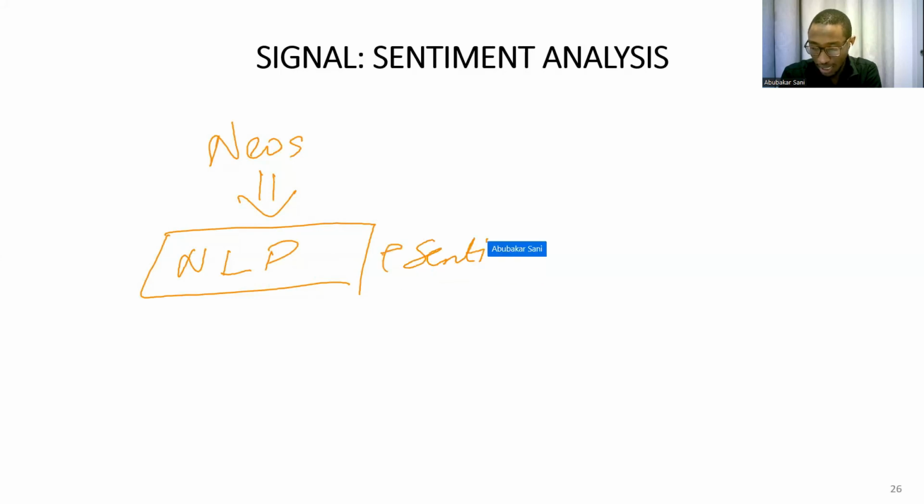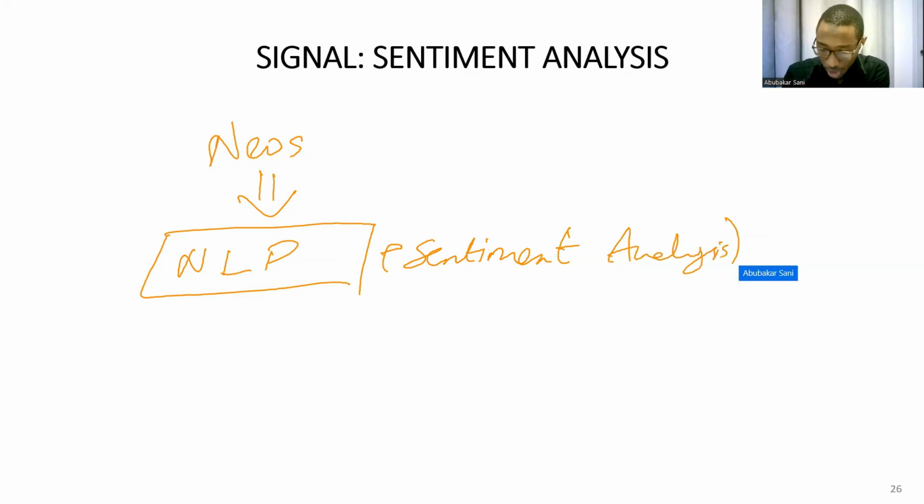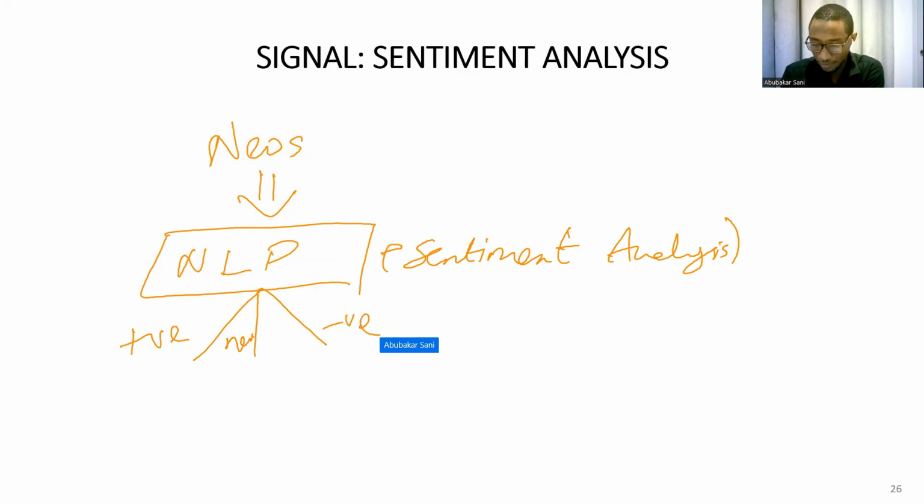So we want to see the sentiment of people about this. This system will give us an output. The output could be either positive, neutral, or negative. These are the three outputs.